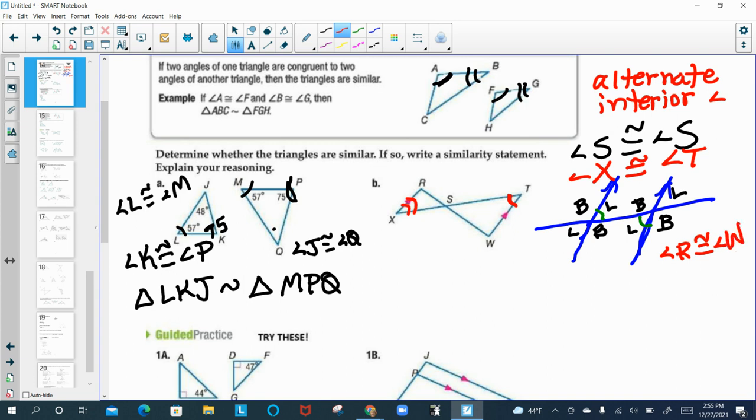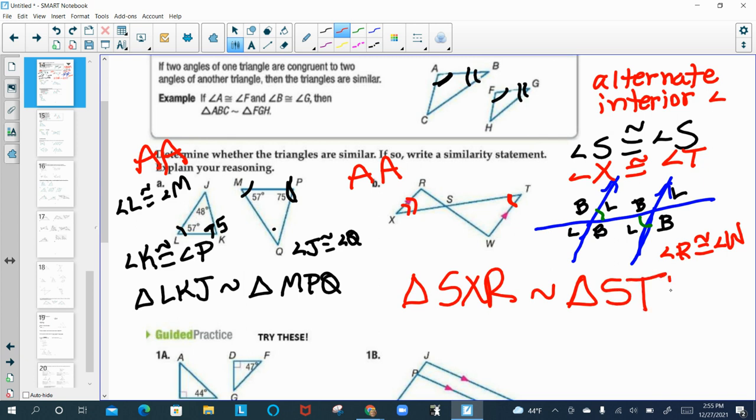And they are similar by AA. Let's put a big AA here, and let's put a big AA here. And we'll write our similarity statement. Triangle SXR is similar to STW. It's just one way to write your similarity statement.